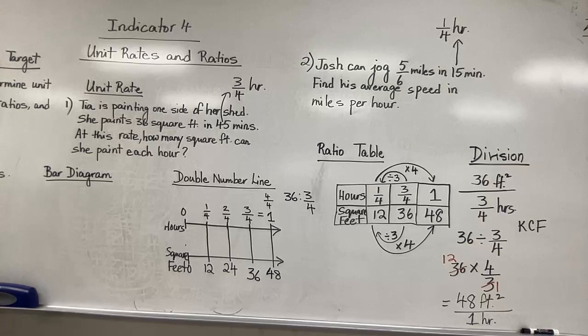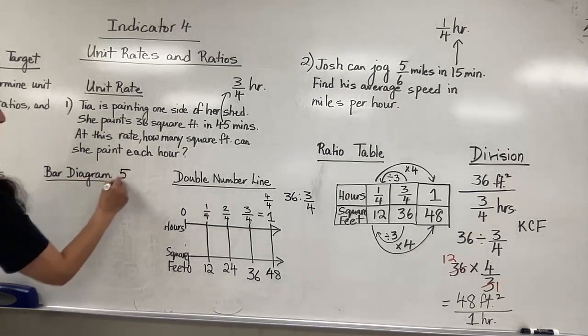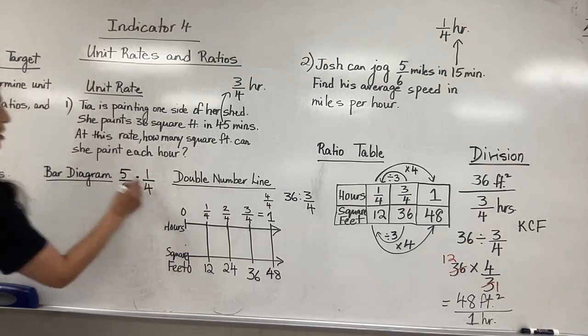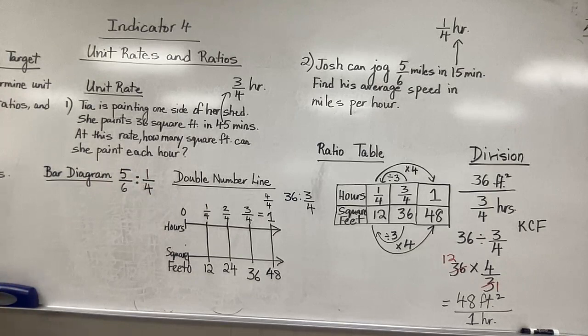So in order for you to find the unit rate, the number of miles he can jog per hour, we are going to draw 2 bars to model 5/6 is to 1/4. So this is what we are going to model.